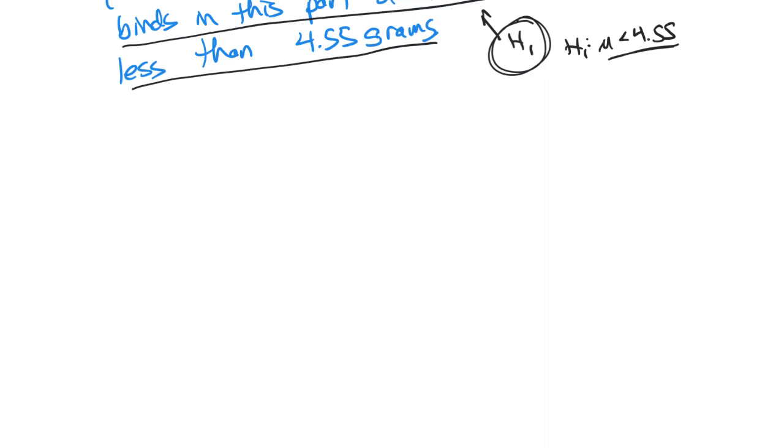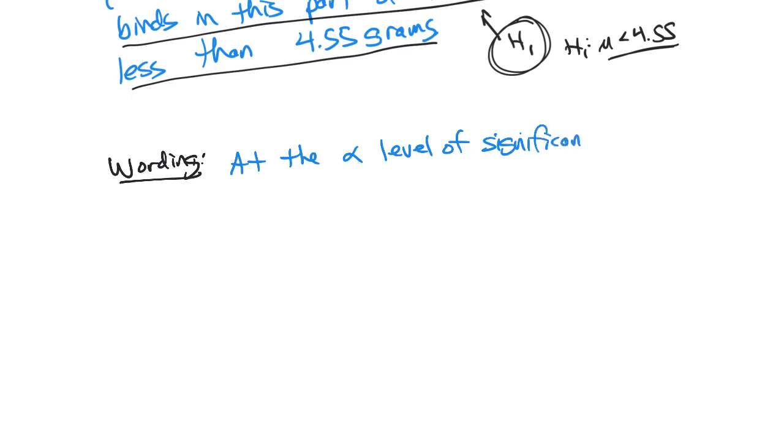So here's the wording you can use. I'll say in wording, this will work on all of these problems in Chapter 8. Basically, just say this. We say, at the alpha level of significance, right?